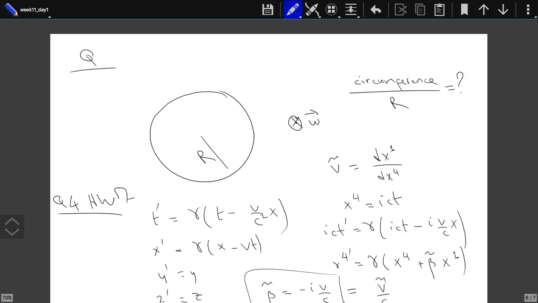I just use different numbers to denote the same point. In the x, y, z coordinate system I use some set of numbers; in the x prime, y prime, z prime axis I use a different set of numbers to describe exactly the same point. So my wave function at that point should have a unique value. This is why these two wave functions in different coordinate axes should be related to each other.